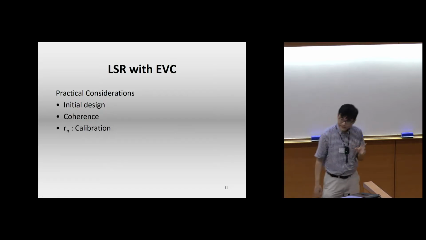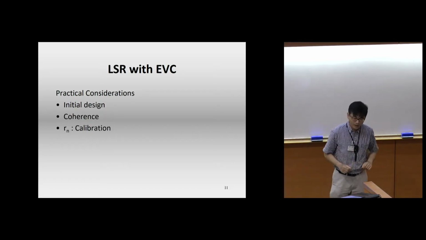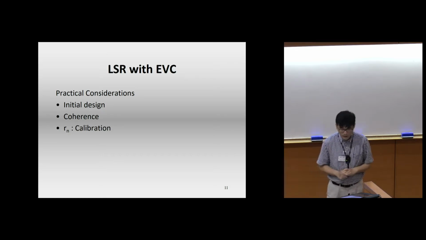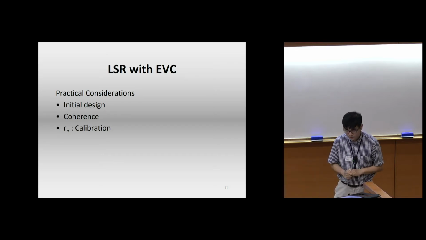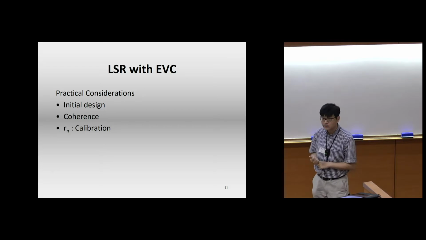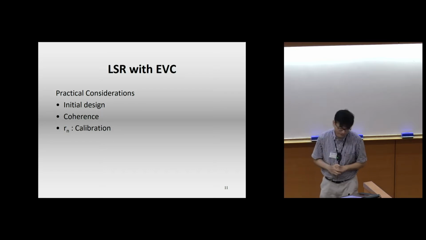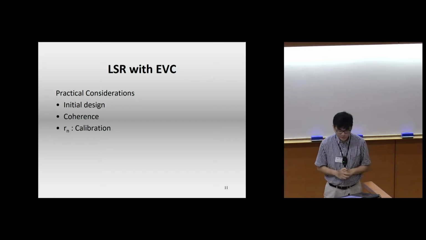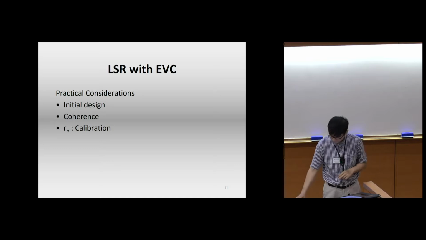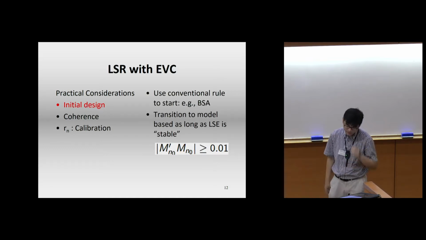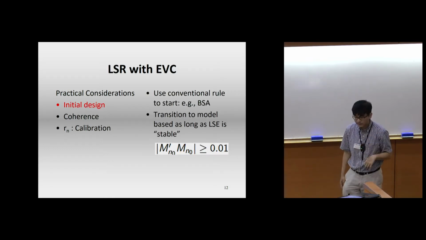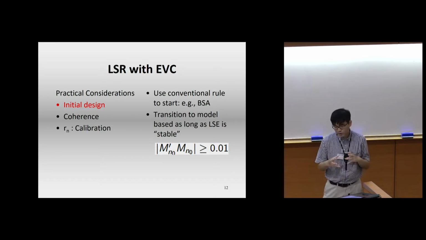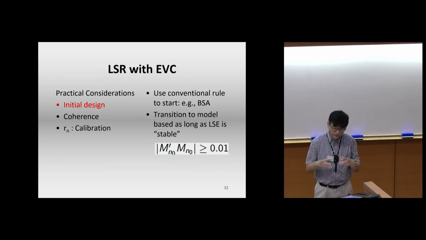Well, not that simple. There are three practical considerations when we use this least square recursion with eigenvalue constraint. One is that it is a model-based design, right? And when we don't have data, we don't have estimation for the model parameters. So we need to do something called initial design, which is relatively straightforward in this context because in this trial we do have a conventional way to dose patients, which is based on body surface area.